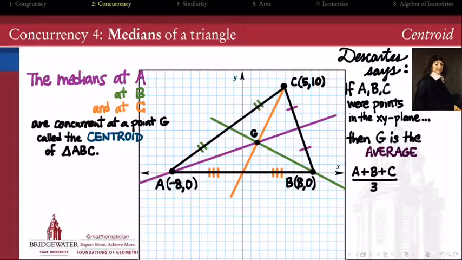This is really cool, right? If I just add a plus b plus c and divide the result by 3, then what I should get is the centroid of this triangle. Let's see if it works just based on how this triangle has been plopped down in the xy plane at the points (-8, 0), (8, 0), and (5, 10). If I average those three points, let's see if I get the point at the centroid.